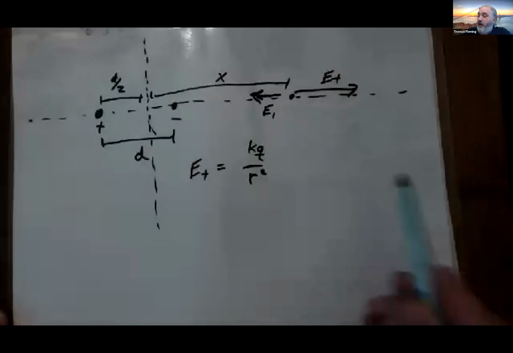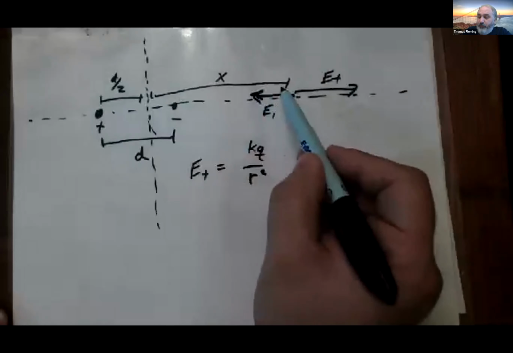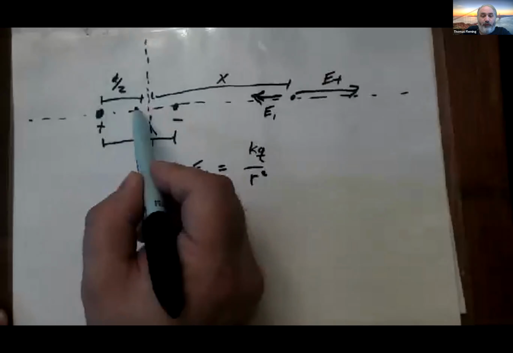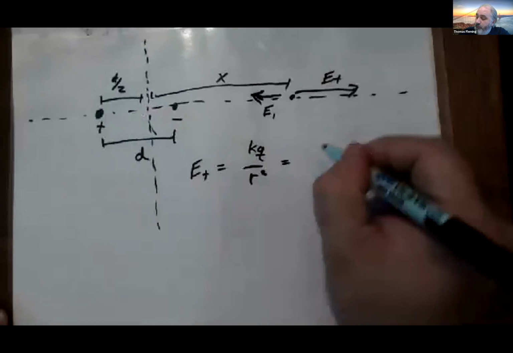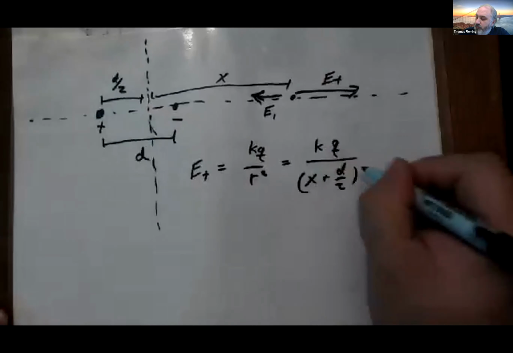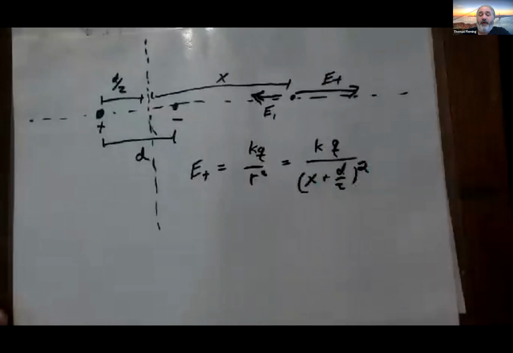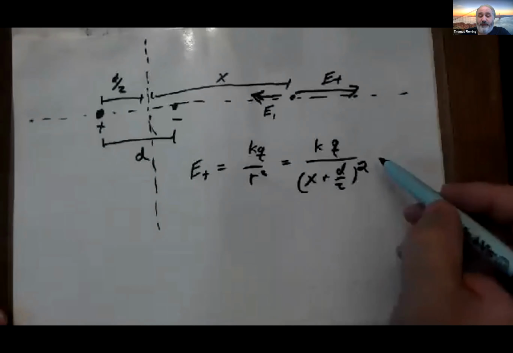So the r for the positive charge is going to be all of x plus an extra d over 2. So kQ over (x plus d over 2) squared. I got to square that whole thing. So that's the electric field from the positive charge.